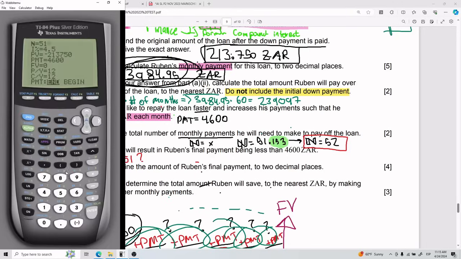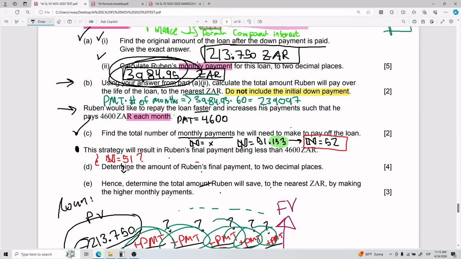So you make big N equals 51, and everything else remains the same, and we can find a new FV. Because if I solve for FV from here, I am asking my calculator, after 51 periods of paying 4,600 per month, how much future value am I yet to pay. This is like the $0.50 we're trying to discover. If you use solver here, at N equals 51, we got an FV of 704.156.